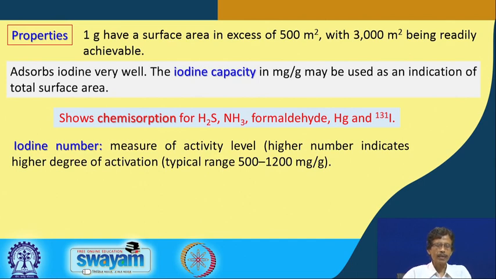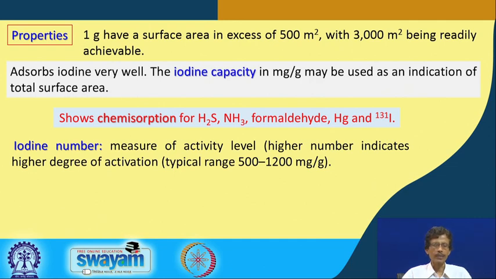Once we get that capacity, that reactivity, that means it can absorb iodine. So, the iodine number we can determine for any kind of activated carbon we have prepared. It basically measures the activity level, that means how active it is. A higher number indicates a higher degree of activation, and typically we can have a range of 500 to 1200 milligram per gram.